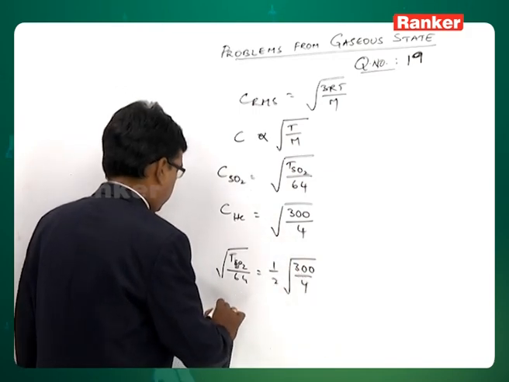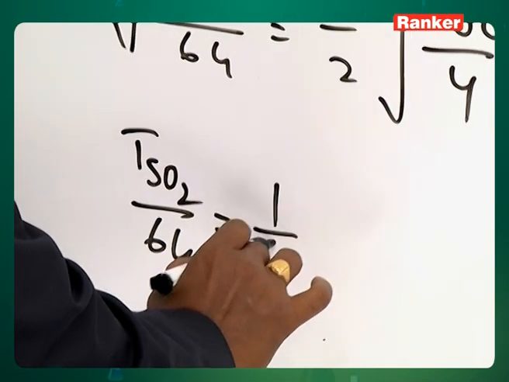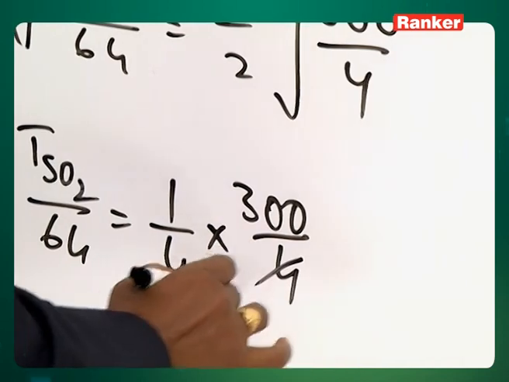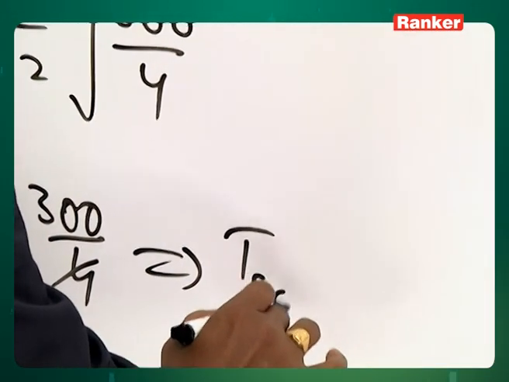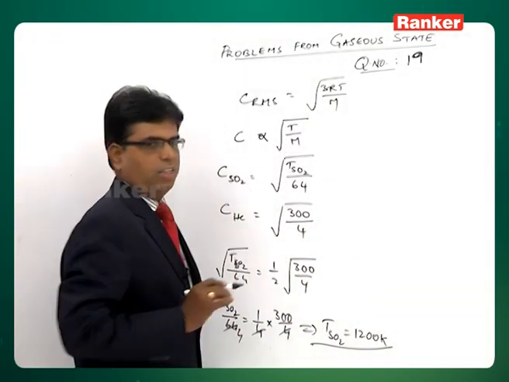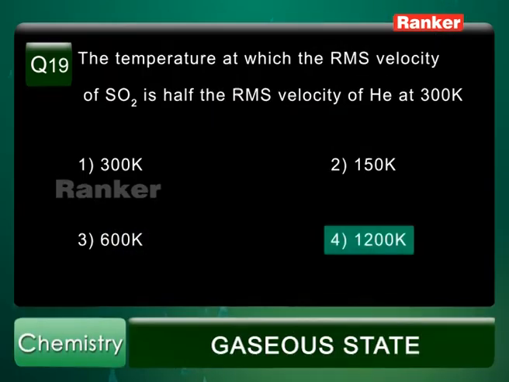So, from this TSO2 by 64 is equal to 1 by 4 into 300 by 4. So, temperature of sulfur dioxide must be 1200 Kelvin. Temperature of sulfur dioxide is 1200 Kelvin. So, the answer must be option 4.